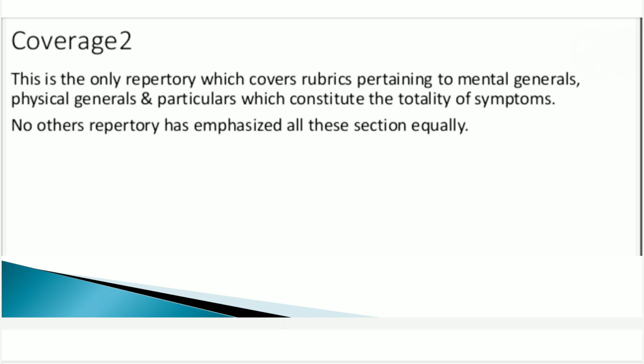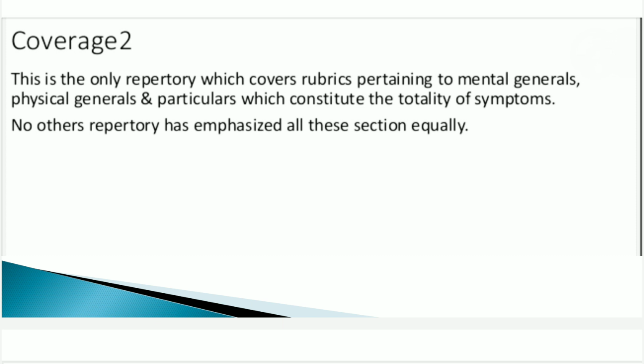As we discussed earlier, no other repertory than Kent's contains all these symptoms: mental general symptoms, physical general and particular symptoms. So this repertory is useful in any type of case.